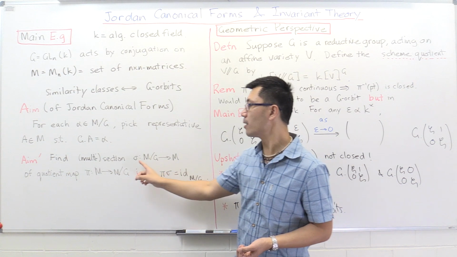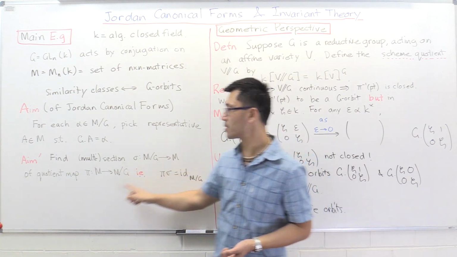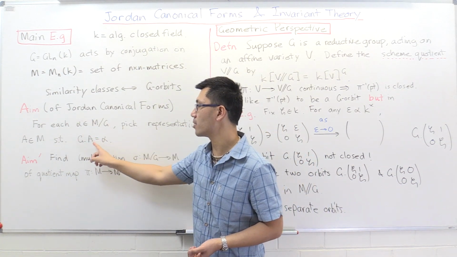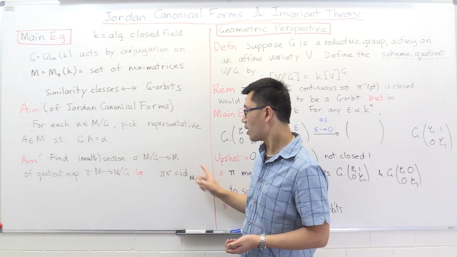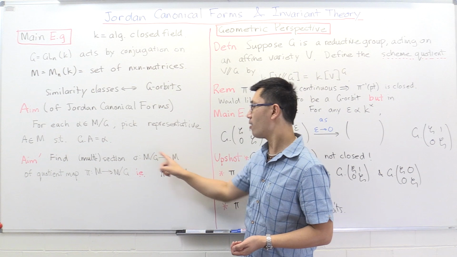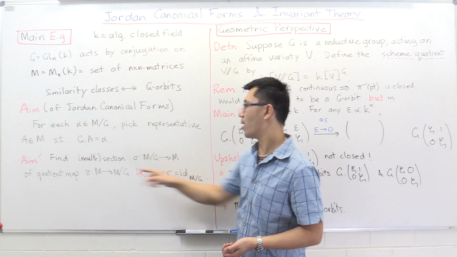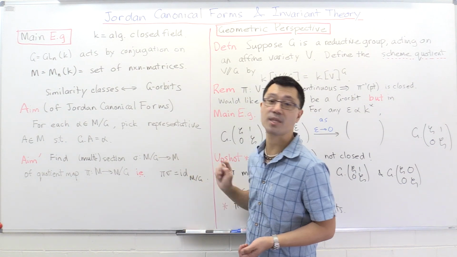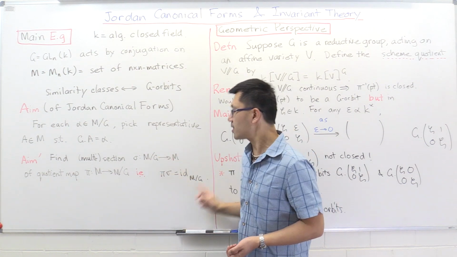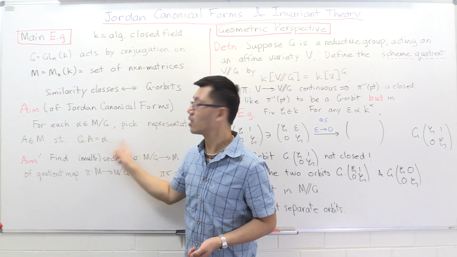So what does section mean? It's a map like this, alpha to this A, and to be a section means that you want the composite, this sigma from M mod G to M, composed with pi from M to M mod G, which is a map from M mod G back to itself, to be the identity. And this just represents this equation here.